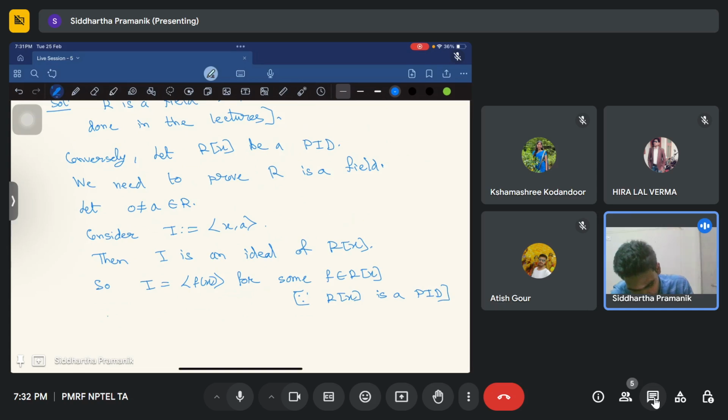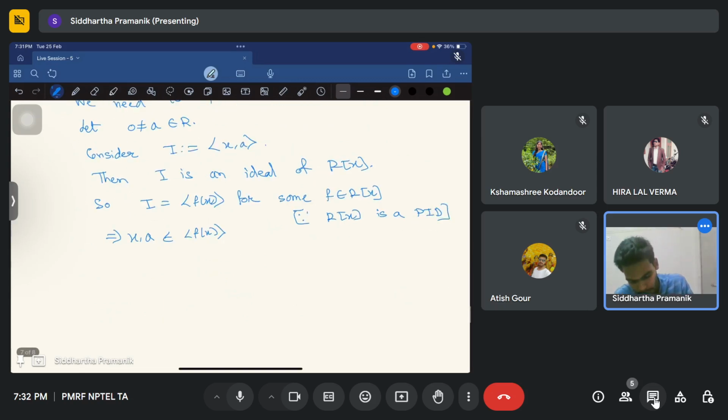That implies a belongs to the ideal generated by f(x), as well as x belongs to the ideal generated by f(x). For the time being, just consider a. That will imply a equals f(x) times some h(x).